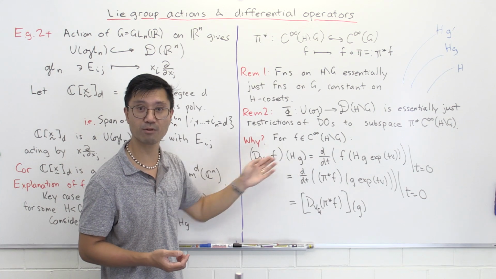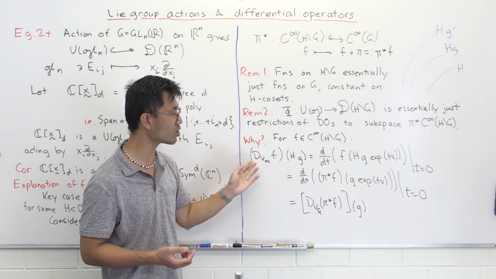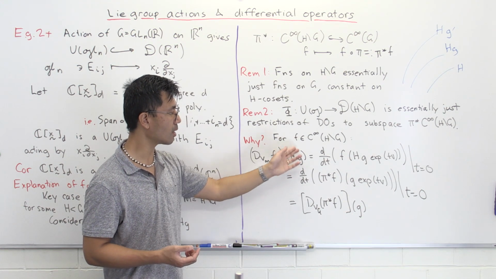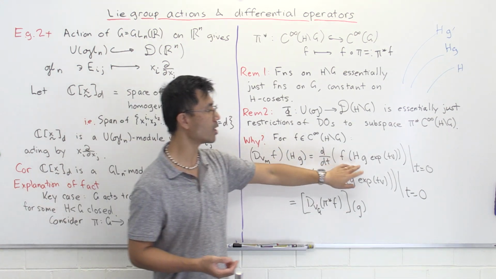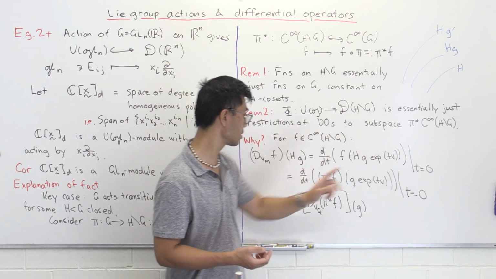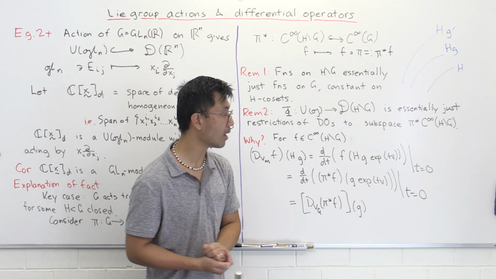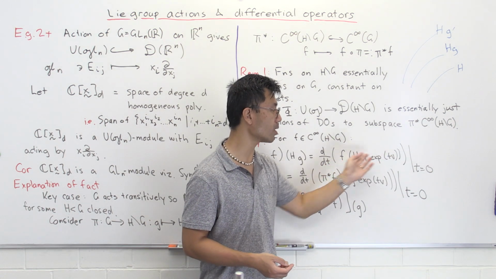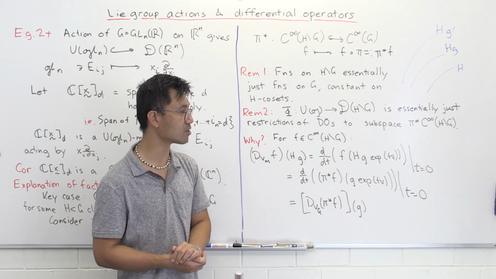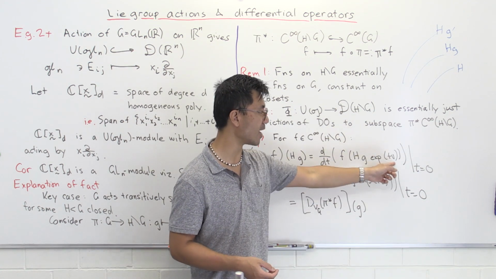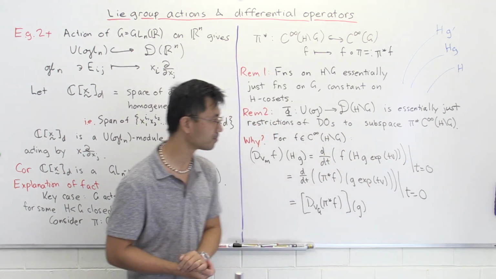So remember how this derivative works. Firstly, you look at this input value and you hit it with exp(tv). That's where the vector comes from. You evaluate f at all these points for all these different values of t, and then you take the derivative of this function of t at t equals 0.